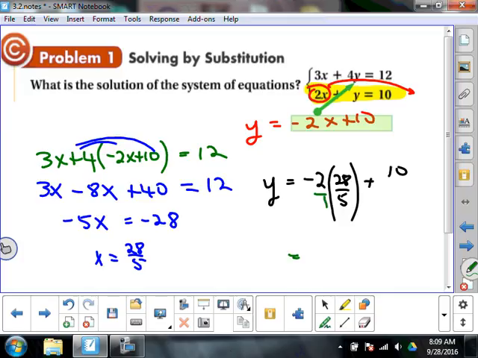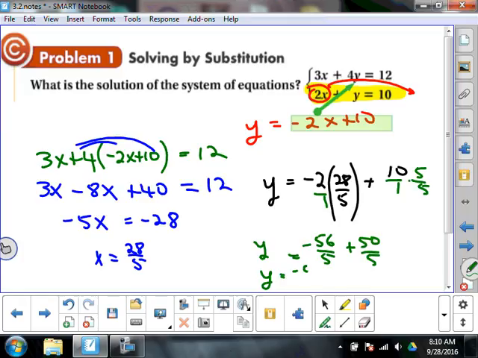So that's going to be negative 56 fifths. And 10. I need to turn 10 into some fifths. So I would multiply the 10 over 1 by something that's going to make it fifths. I'd multiply the 10 over 1 by 5 over 5. So that's 50 fifths. And so what's negative 56 fifths plus 50 fifths going to give me for the y then?